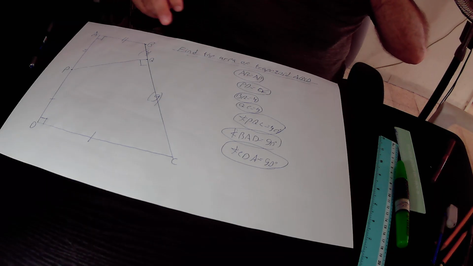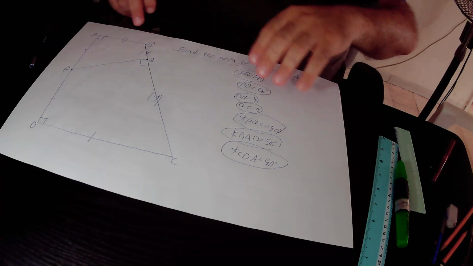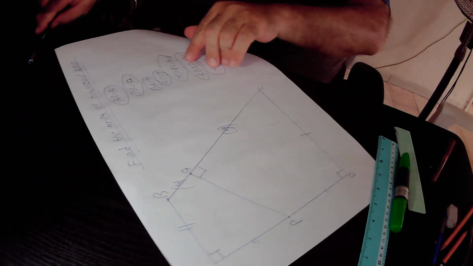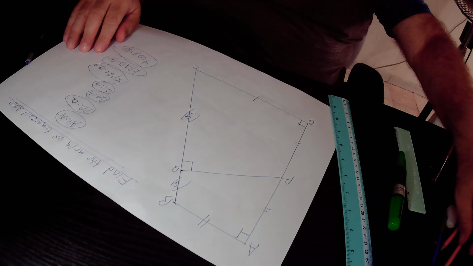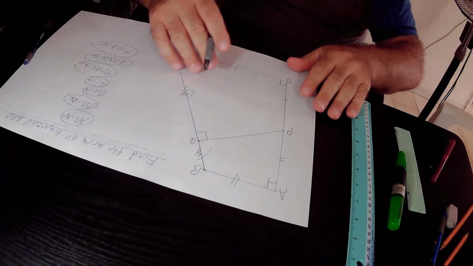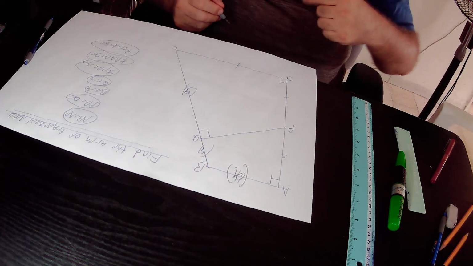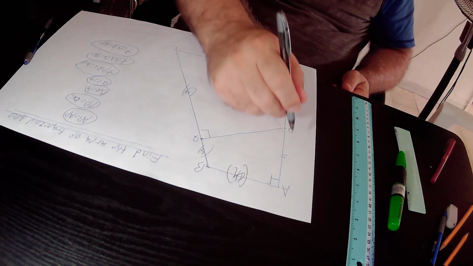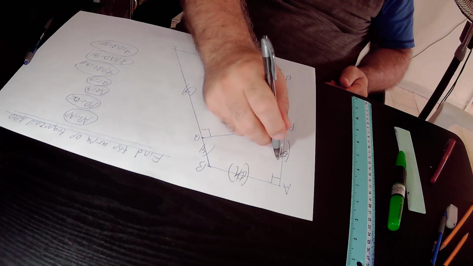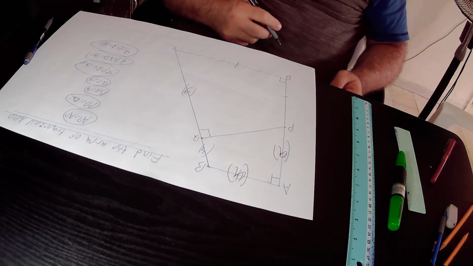So we know that AB equals AP. If we define the length of side AB as A, then the length of side AP must also be equal to A because they are equal to each other according to what is given in the question.